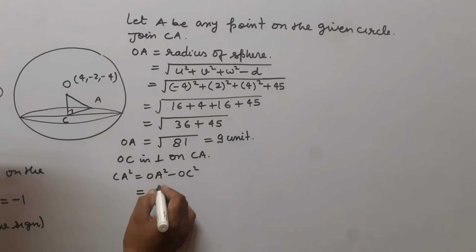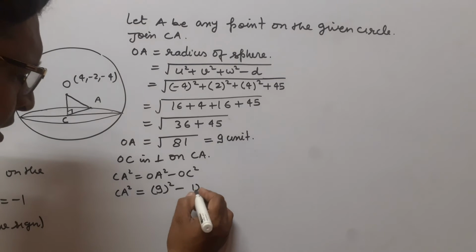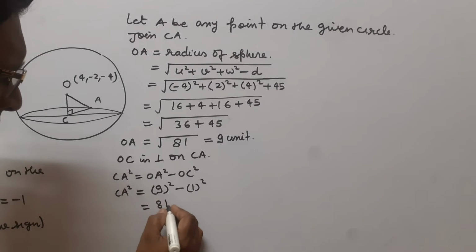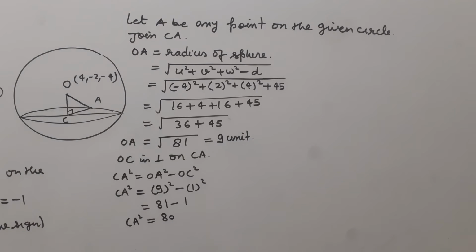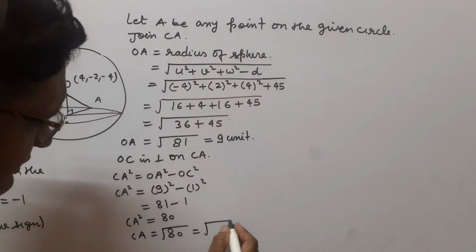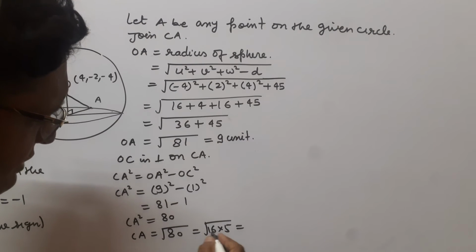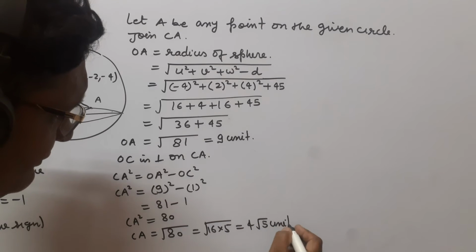OA is 9, so this is 9 square minus OC, which we can see here is 1. So 9 square is 81 and 1 square is 1. So 81 minus 1, this is 80. So CA square is equal to 80. Now we get CA is the square root of 80. So this is 16 multiplied by 5 and square root of 16 is 4. So 4 root 5 units.